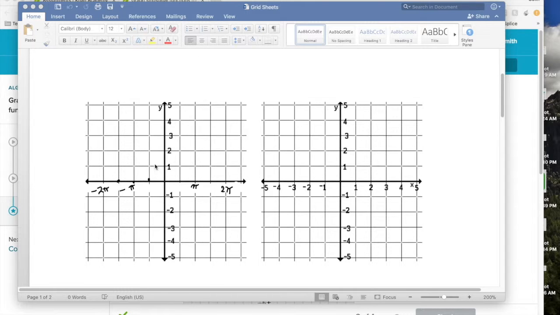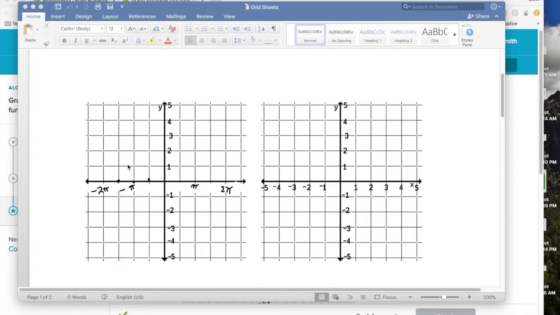Okay, something that I want to go over first before I get into the homework packet number 3 and the Khan Academy skill involving sine and cosine functions. Let's go over what the basic sine and cosine functions look like.